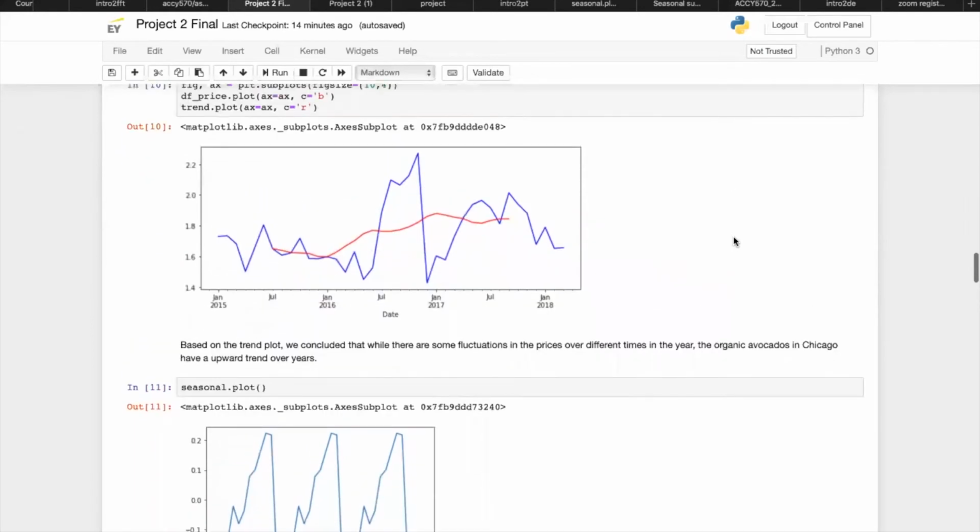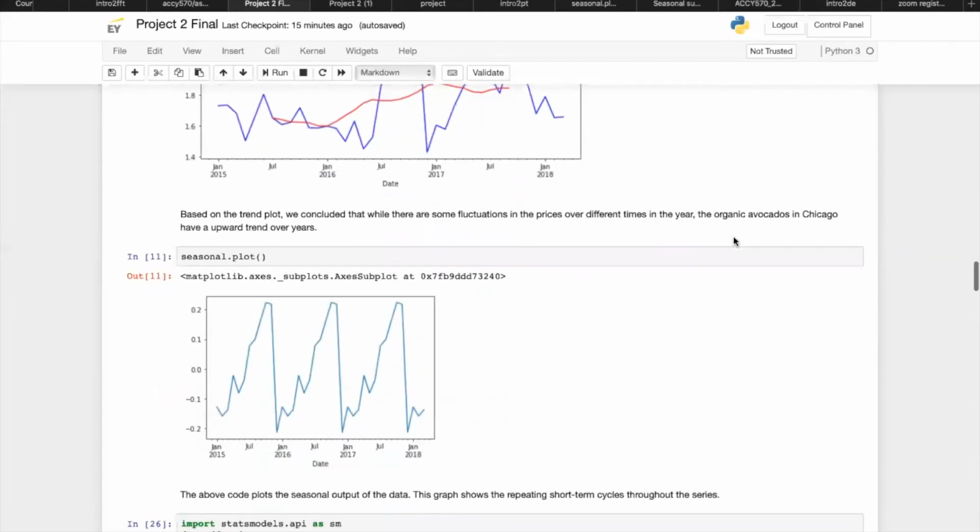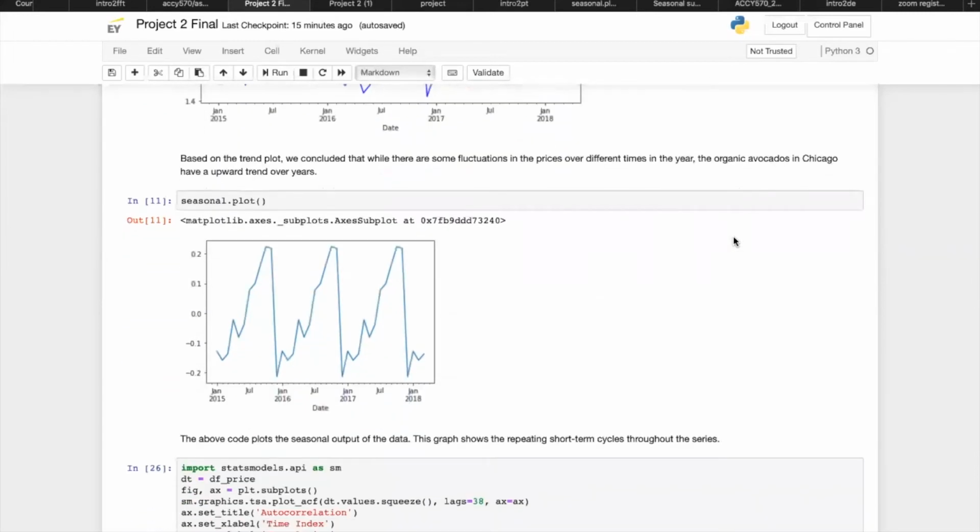Based on this graph, we conclude that while there are some fluctuations in the prices over different times in the year, the organic avocados in Chicago have an upward trend over the years. The next plot is a seasonal plot. This one shows that there are repeating short-term cycles throughout the time series.